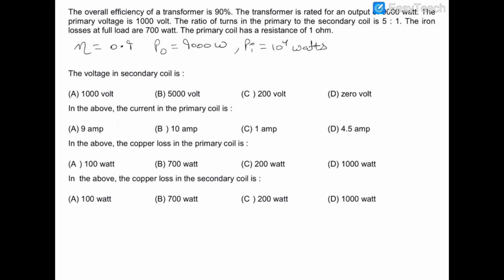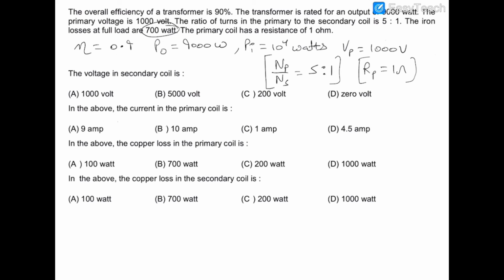Now the primary voltage which is given to us is 1000 volts, and the ratio of the number of turns in primary to secondary, Np upon Ns, is 5:1. Okay, and the iron losses are 700 watts. It is also given that the resistance of the primary coil is 1 ohm. So we have to find out the following things which are given below.